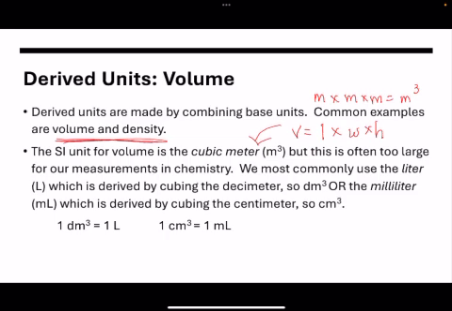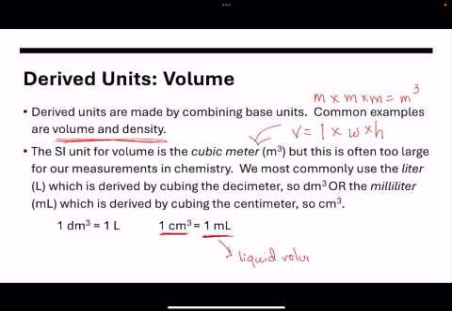Now, in chemistry, we're often dealing with much smaller amounts, and so we use the cubic centimeter. You notice here that I have a conversion factor that says 1 cubic centimeter is equal to 1 milliliter. Milliliter is our common unit for a liquid volume.